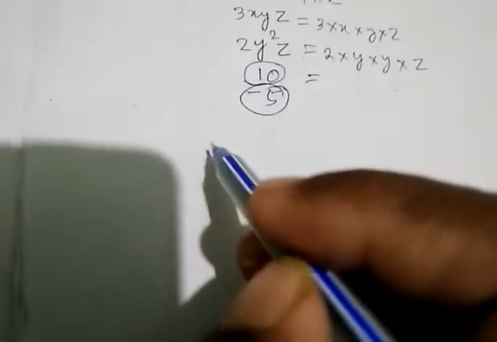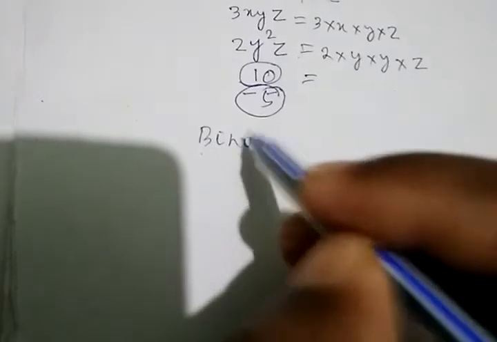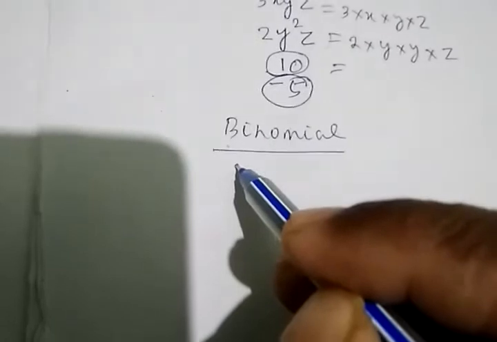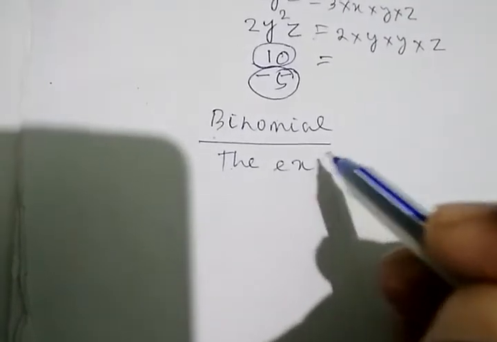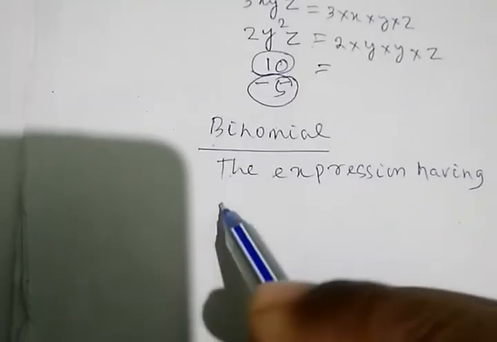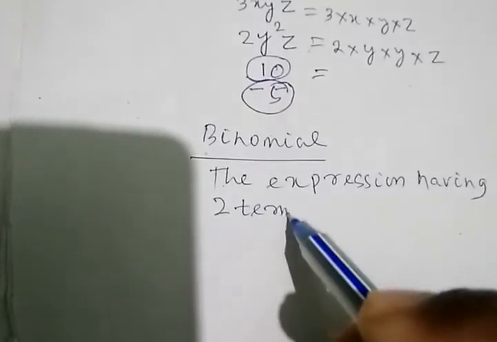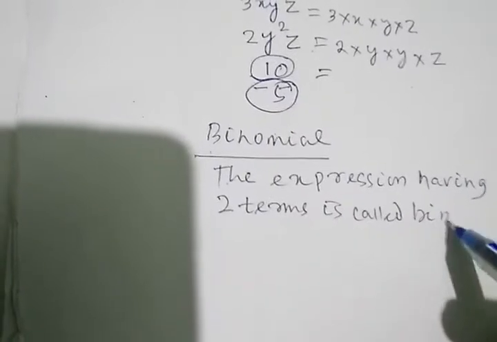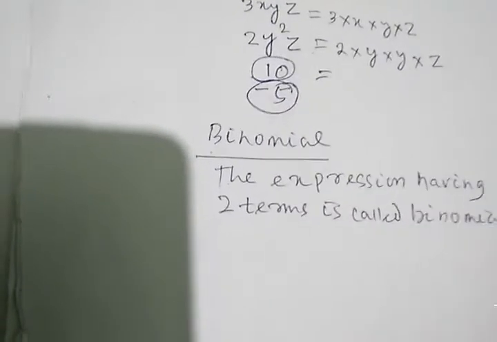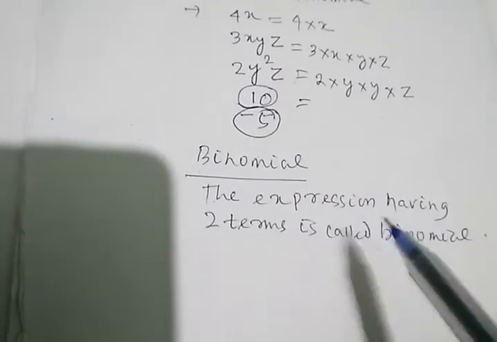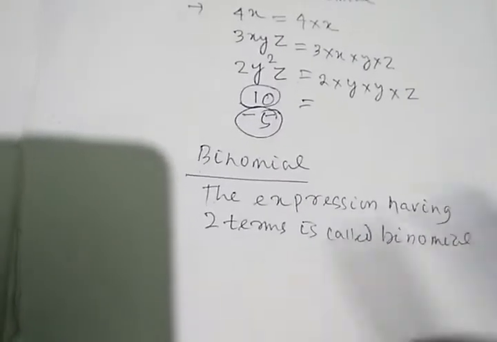Similarly, binomial. What is the definition of a binomial? The expression having two terms is called a binomial. So a binomial is formed when two terms are combined with either addition or subtraction.